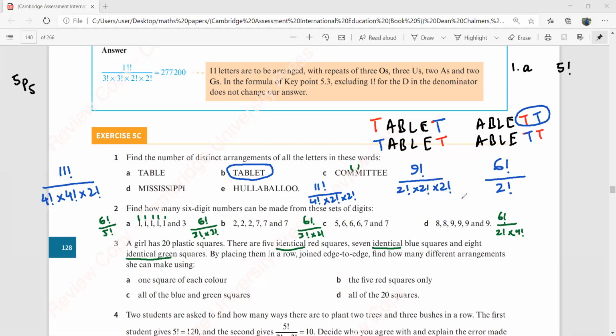Okay. So you already have one of those 3 colors in your hand. It says one square of each color. So that means you have one red, one blue, and one green. So it is just like, suppose you have 3 letters, R, B, G. So in how many ways you can arrange this R, B, G? 6.